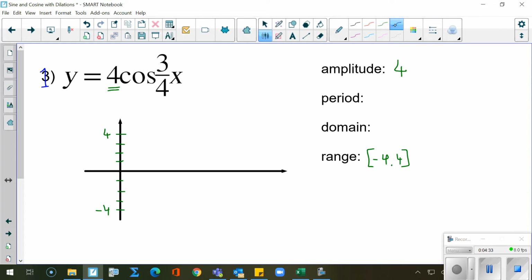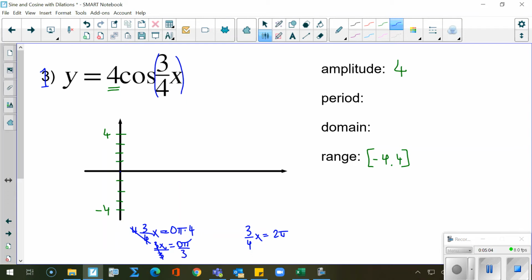On the x-axis, I will take the argument with x, I use radians. I'll set it equal to 0 pi and 2 pi. Multiply by 4. Divide by 3.